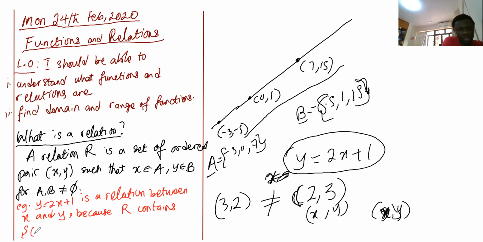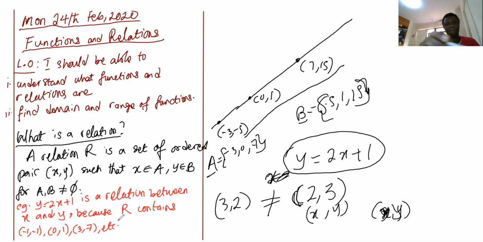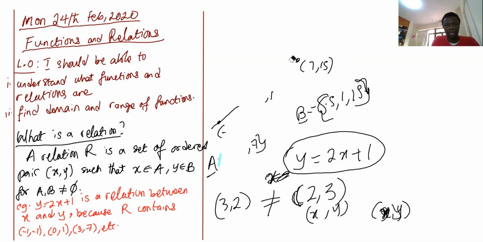When X is -1, Y will be -1. So R contains -1, -1. It contains 0, 1. It contains maybe 3, 7, when X is 3, Y is 7, etc. It contains ordered pairs.